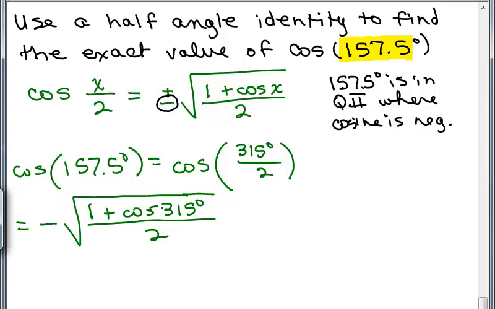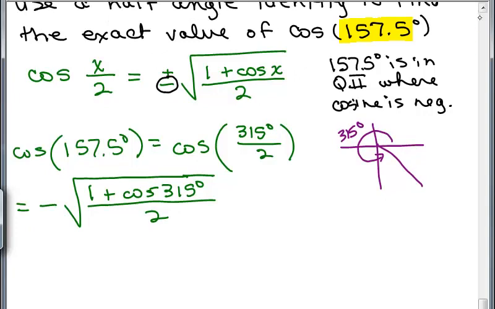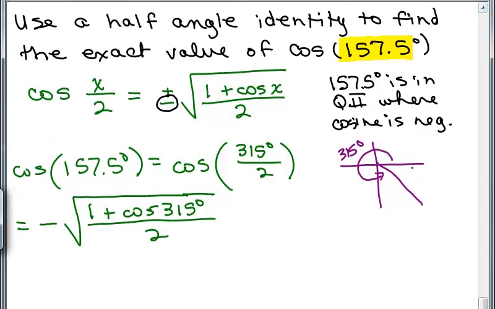So I'm going to need to know what the cosine of 315 degrees is. So let's figure that out. 315 degrees is over here in quadrant 4, right? That's 315 degrees. And I need to figure out the cosine.